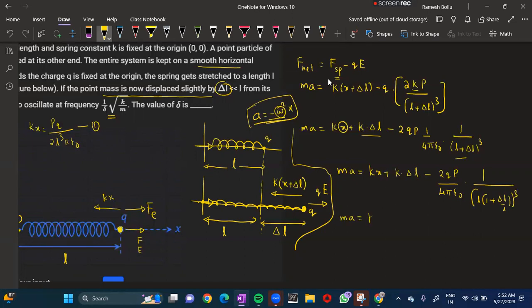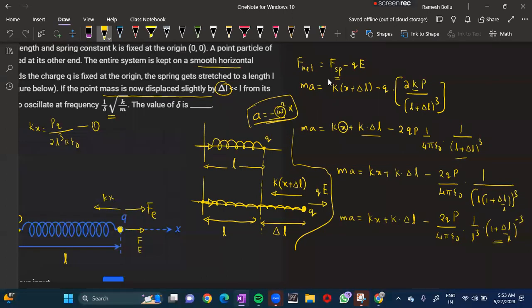So MA equal to Kx plus K into delta L minus 2QP by 4 pi epsilon naught and into 1 by L cube and 1 plus delta L by L whole power minus 3.